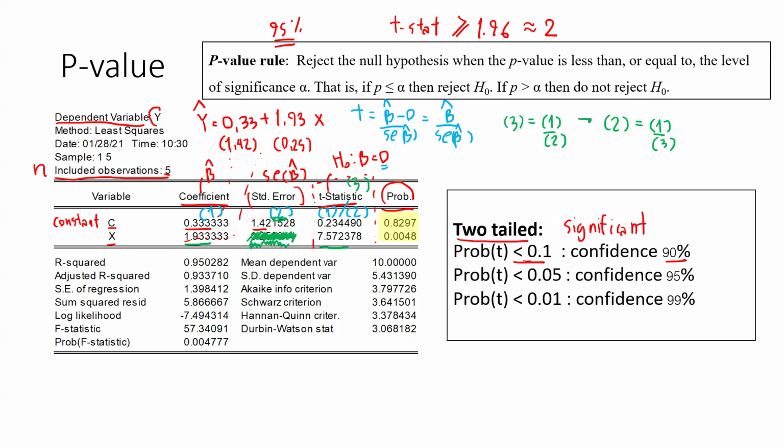So probability here is the probability to go to H0. So if it's less than 0.1, it means 90%. If it's less than 0.05, it means 95%. If it's less than 0.01, it means 99%. So can you see the relationship between probability and the level of confidence?